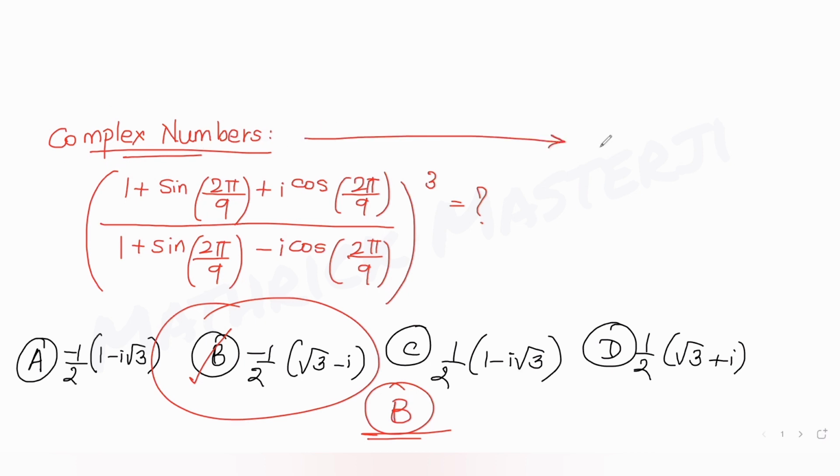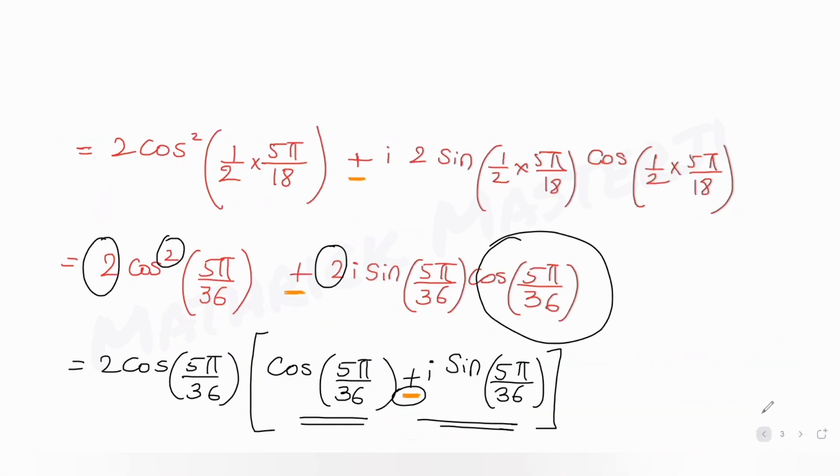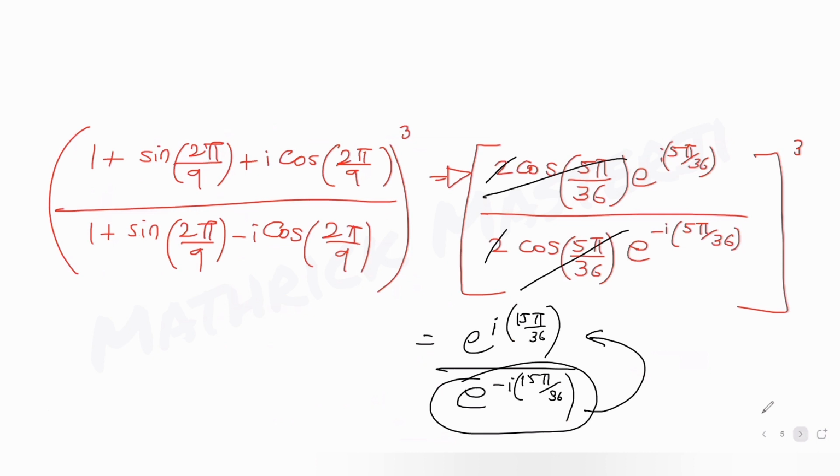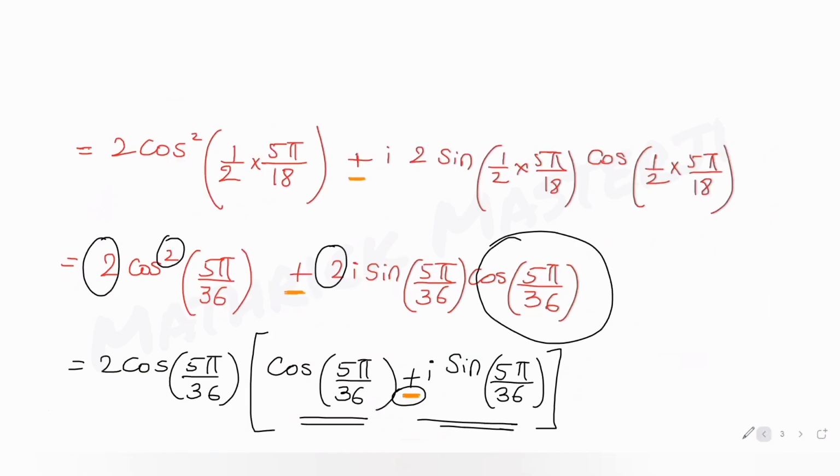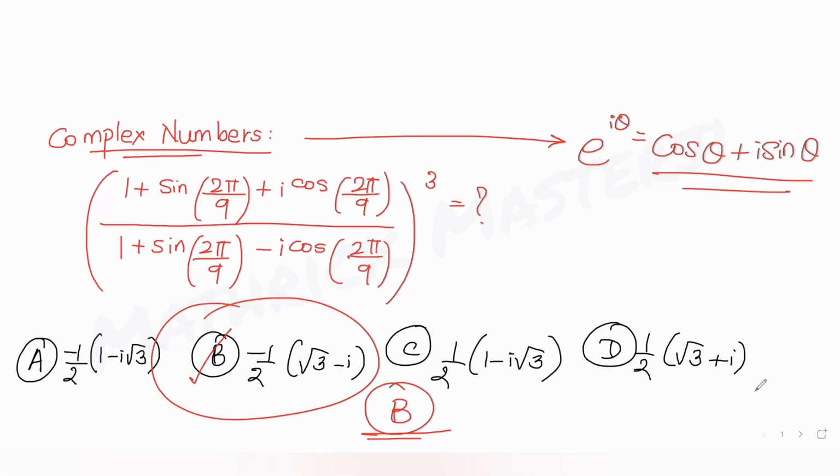In this entire question, we have used the idea e raised to i theta as cos theta plus i sine theta, and you use some double angle formulas for compound angles. So you got the answer for the question as option B. I hope you have understood how to solve this type of questions.